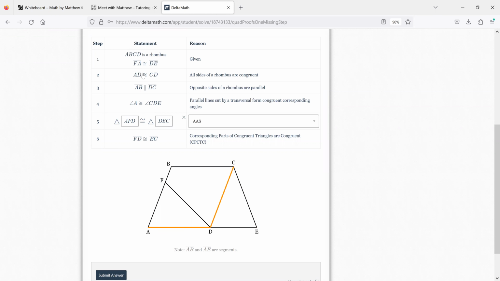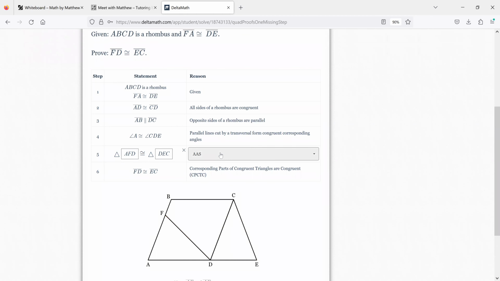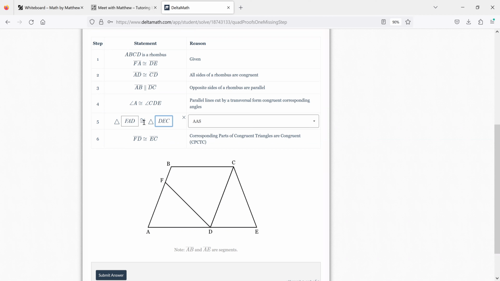Yeah, these are just very awkward. I'm not even sure how to explain these. FA is congruent to DE. ADE. Okay. So FAD congruent to DEC.